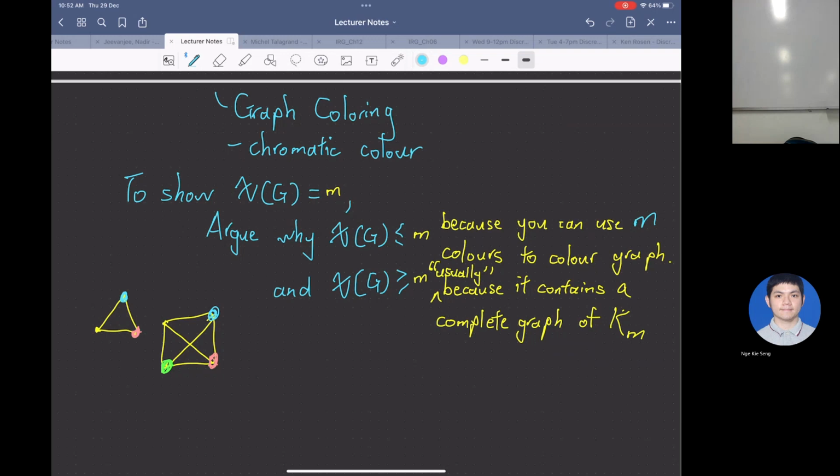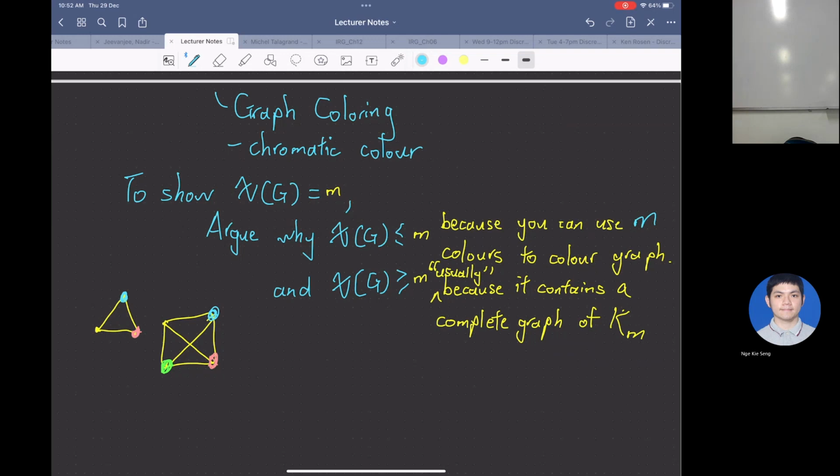For χ less than or equal to M, you first need to produce a coloring of the graph with M colors. Then the least number must be less than or equal to this, because it's the least number to color it. To show that the chromatic number is greater than or equal to M, usually it's because the graph contains a complete graph K_M. What does this mean?